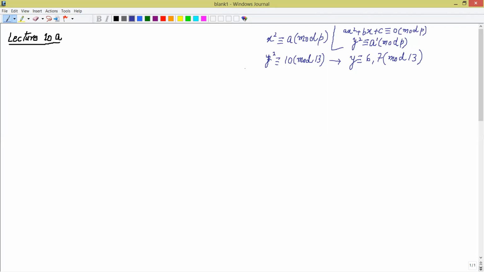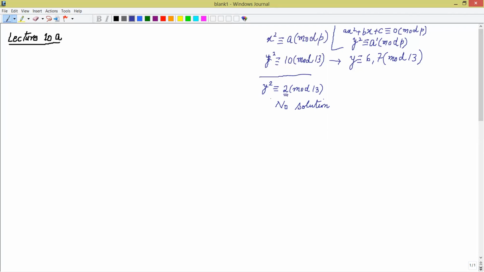But we discussed another congruence, and that was y square is congruent to 2 modulo 13, and we discussed that there was no solution, because we will not be able to find the value of y in Z13 so that we get 2 here.